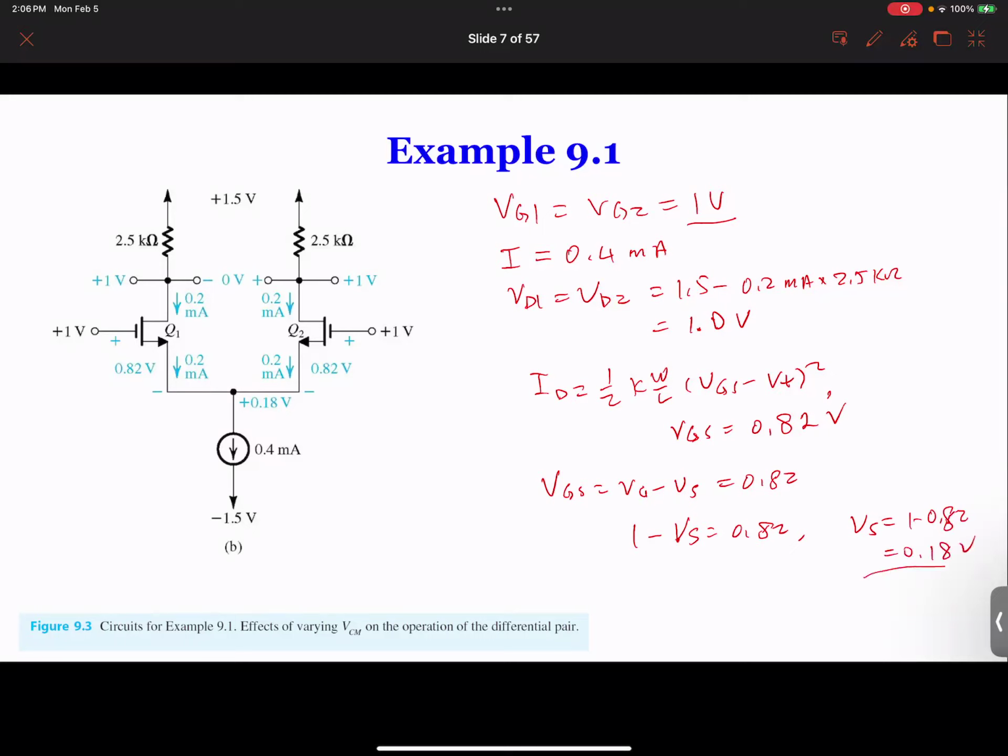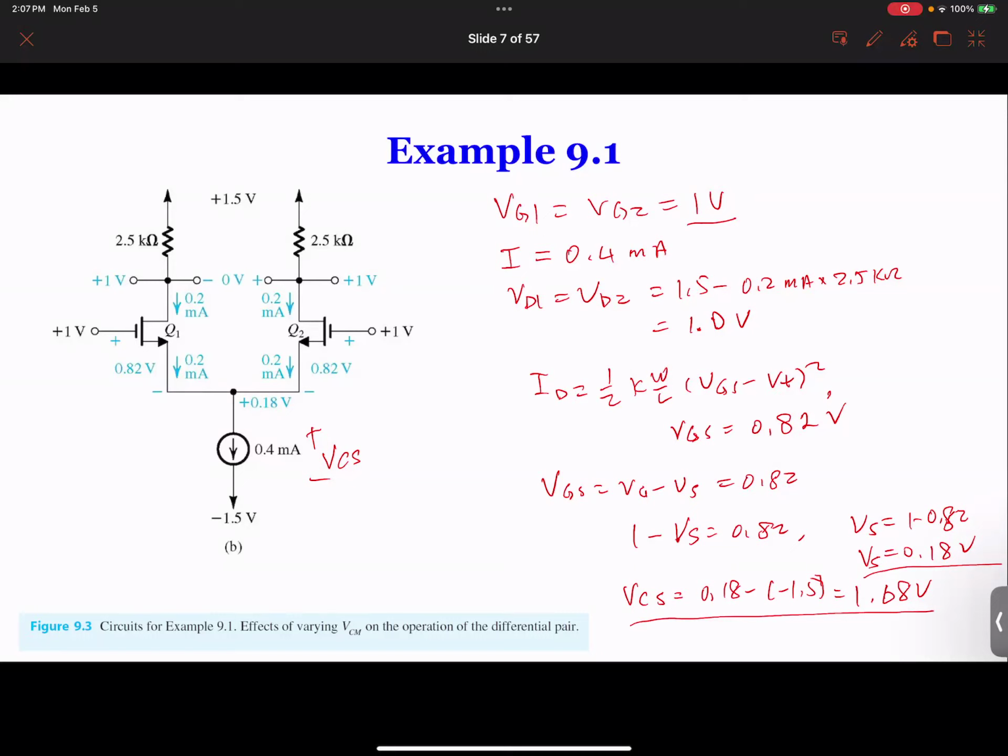So this is VS now. How about VCS? We use the same equation: VCS equals 0.18 minus minus 1.5. So this gives you 1.68 volts. So VCS is much bigger than it was before.